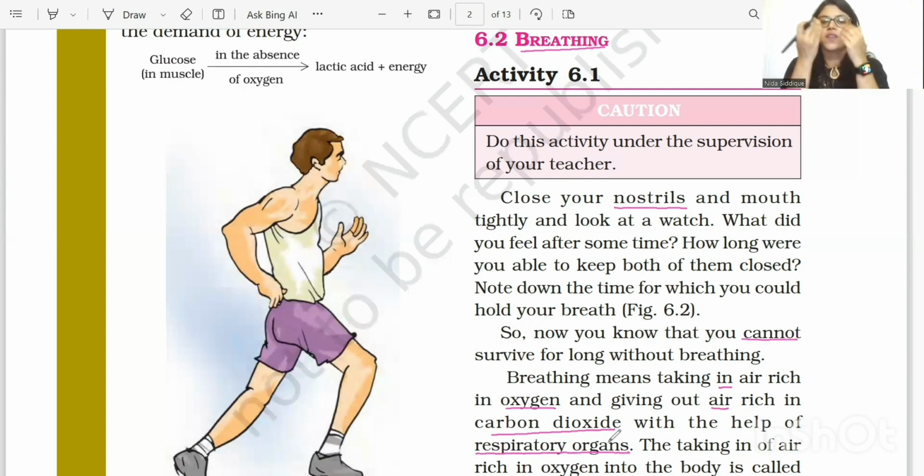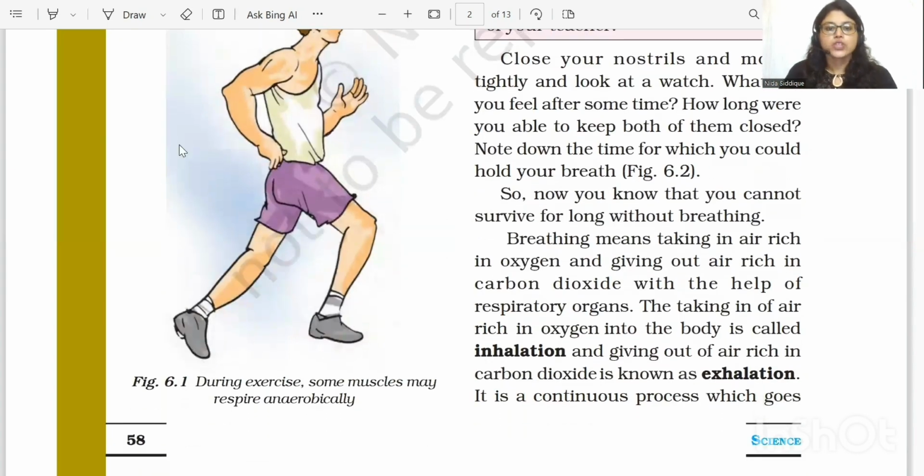Okay, so we breathe in oxygen rich air, we breathe out carbon dioxide rich air, and this entire process involves respiratory organs. So this process of taking in the air, which is rich in oxygen, is called as inhalation. जब हम सांस अंदर लेते हैं, इस process को हम inhalation कहते हैं. And when we give out the air, when we exhale out, that is called as exhalation.